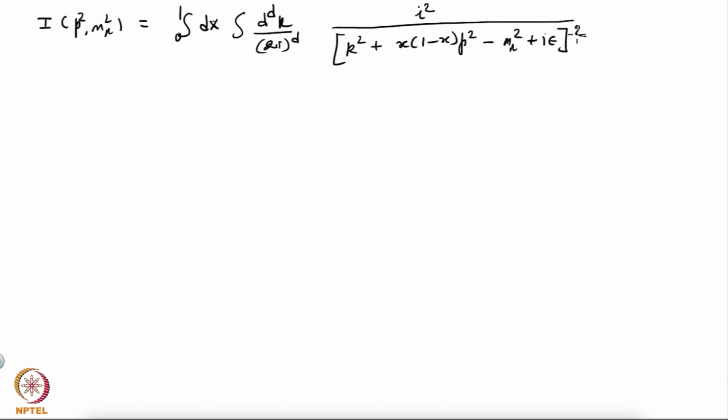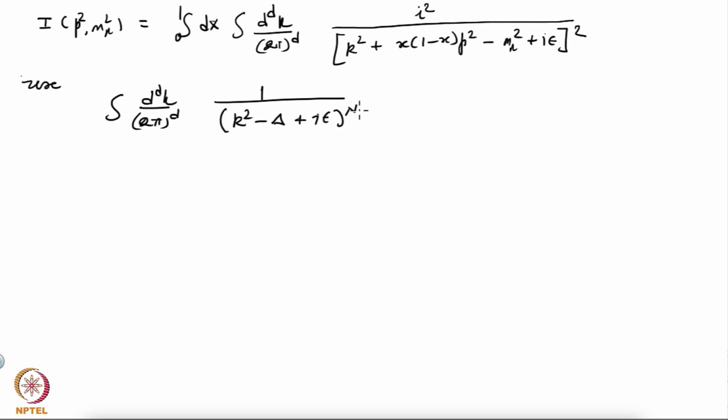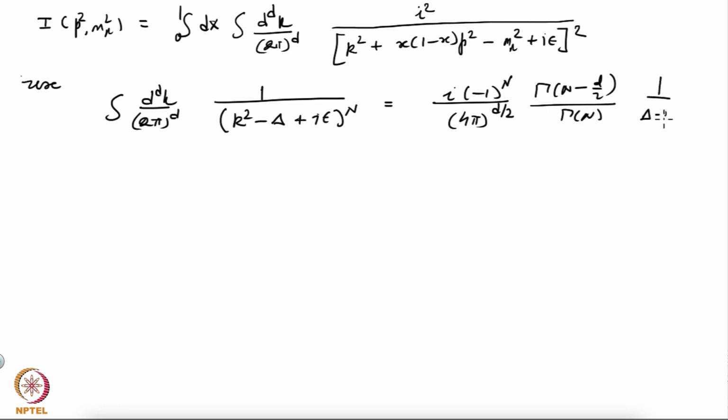Now we should use the formula that I had written earlier: the integral d^dk over (2π)^d of 1 over (k² − Δ + iε) to the capital N is the result which I had obtained earlier.